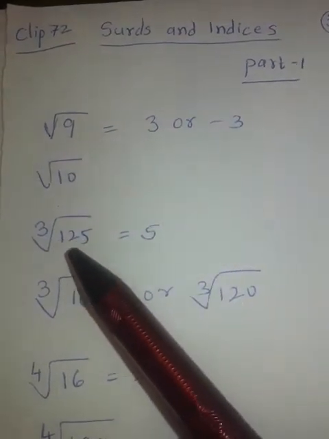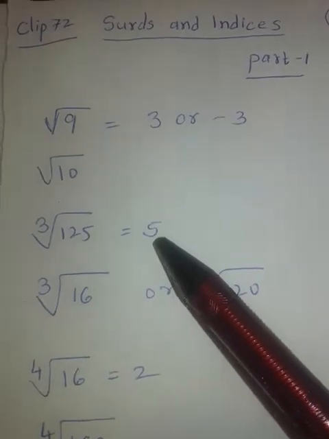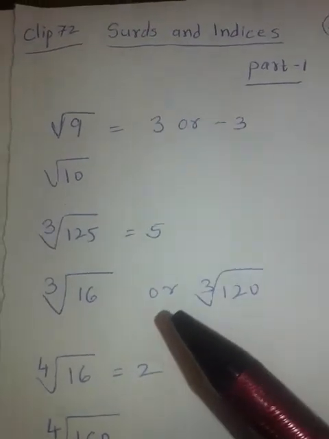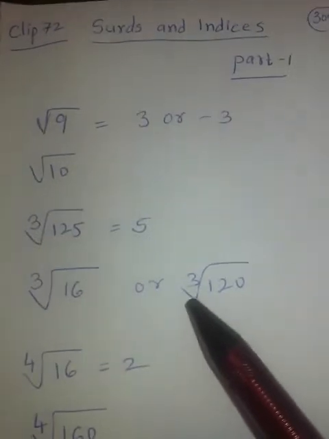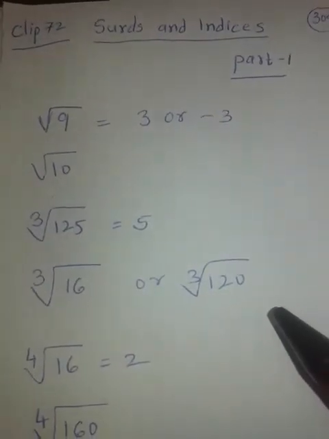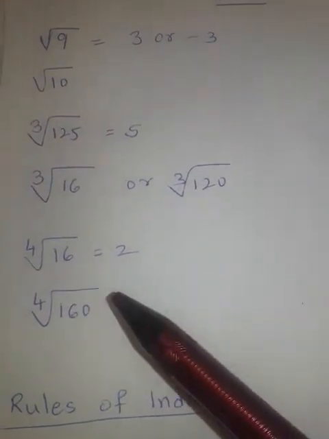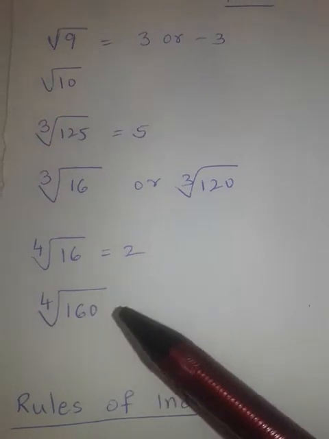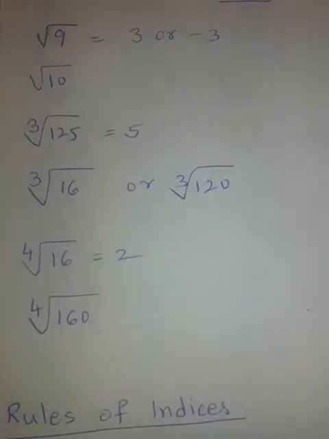If I ask you the cube root of 125, within 1 second you will tell me it's 5, because 5 into 5 into 5 is 125. But can you find the exact number for the cube root of 16, or the cube root of 120? You can't. The fourth root of 16, you know it is 2. If I ask you the fourth root of 160, again you are stuck. Do you have the exact value?